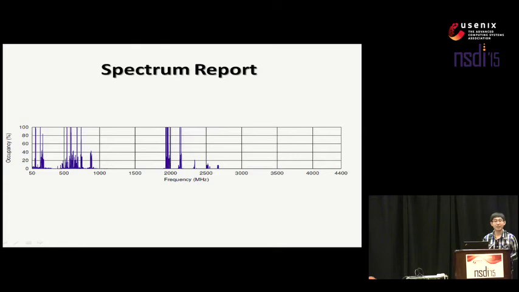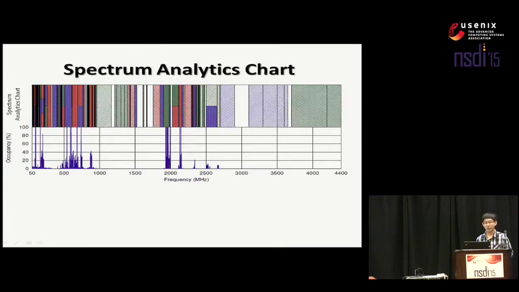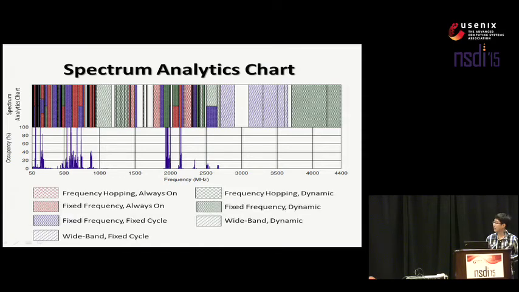And this is exactly what SpecInsight gives you. On the top, we augmented the spectrum report with a spectrum analytics chart, which shows you what signals are in a spectrum. For visualization, we divide the patterns we extracted into 7 classes, like frequency hopping always-on signals, frequency hopping dynamic signals, and many more.